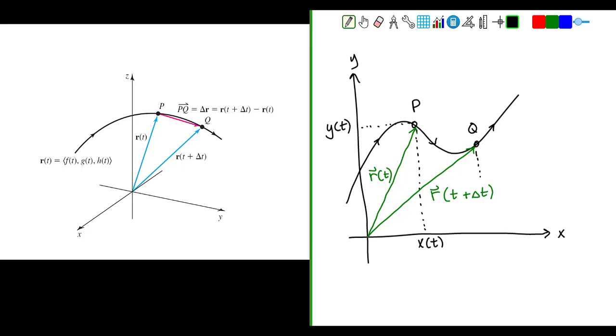That means point Q's x component is given by x of t plus delta t, and its y component is given by y of t plus delta t.